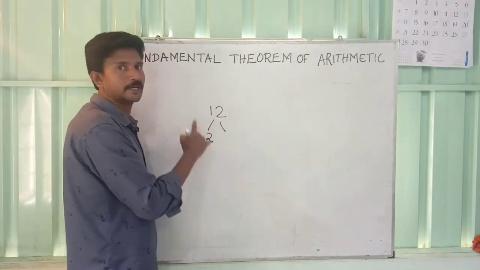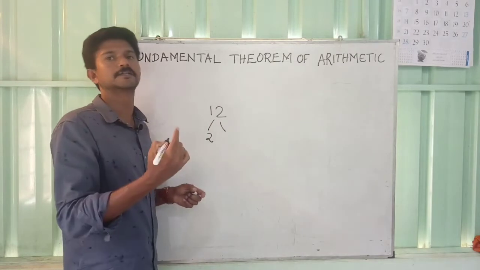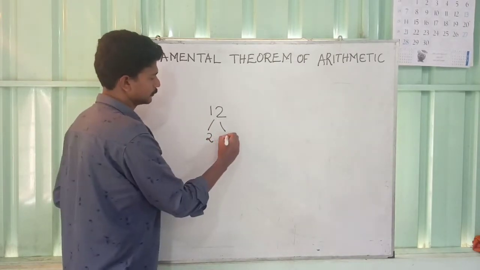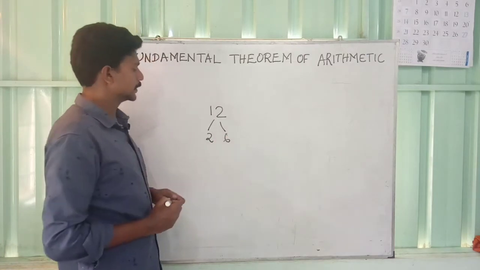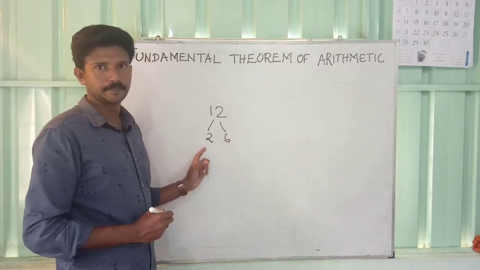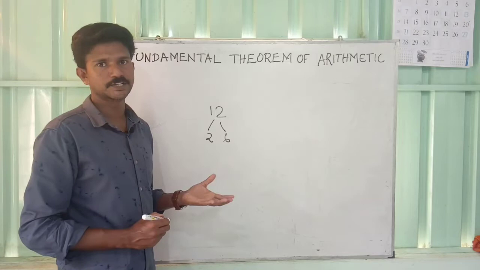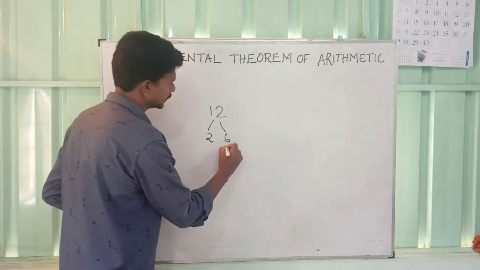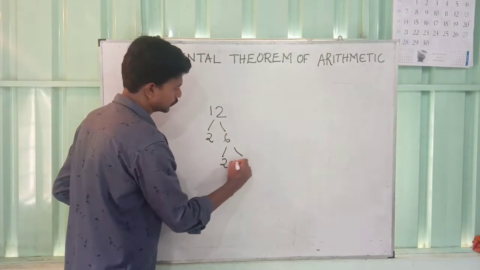Other than 1 and 12, we can take other factors like 2 and 6. Here 2 is a prime number and 6 is a composite number, and 6 we can further factorize as 2 and 3.